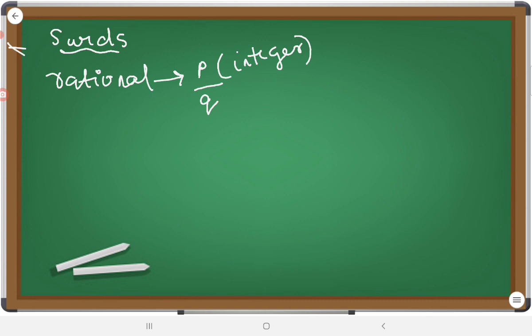Irrational numbers are the numbers which cannot be expressed in the form of p by q. Now, can we say that roots, like root 2, root 3, root 6, are irrational numbers?